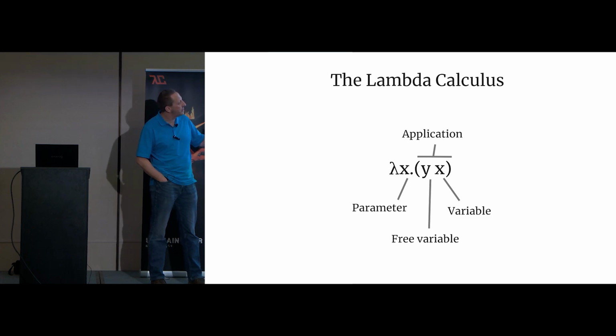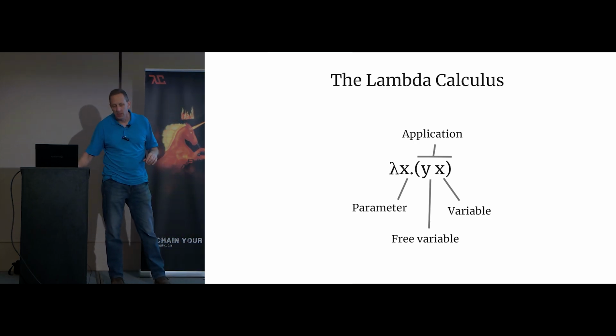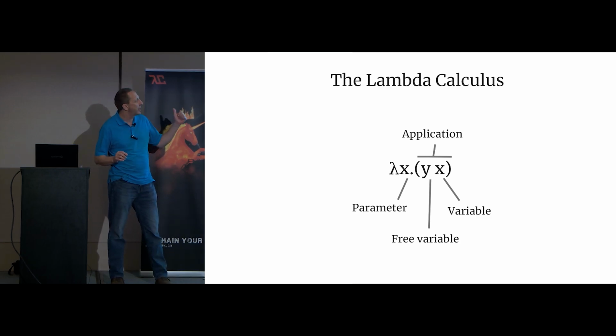In this case, the body is an application between 2 parentheses, and the left variable, the y, is the free variable because it's nowhere defined. The x is a bound variable that will be bound to the parameter. And we'll cover what all those mean. So basically in Lambda Calculus, you have lambda expressions like this, single variables, and applications. And that's it.